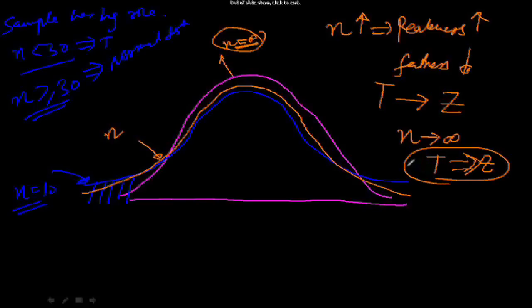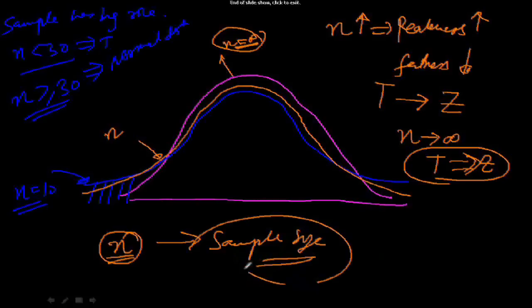So for a T distribution, it is very important that we know what n is, that is, the sample size, because the T distribution is kind of describing samples having a lower sample size. So we have to understand the sample size. Here we have the concept of degree of freedom.